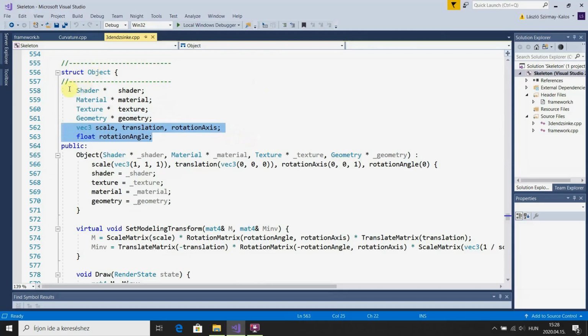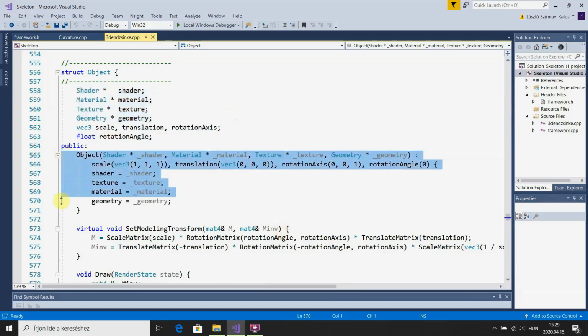Note that an object is associated with shaders, materials, textures and geometries, and an object does not contain them directly. And the reason is that in this way, many objects can share the same shader, material, and texture or geometry, and we do not have to redefine them as many times as objects want to use them.